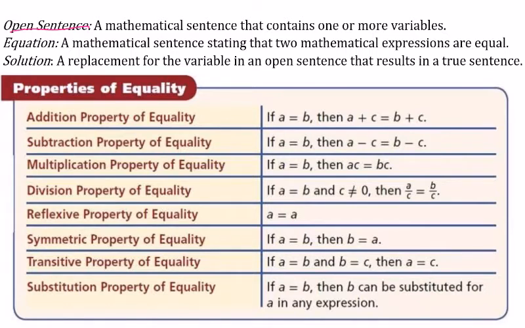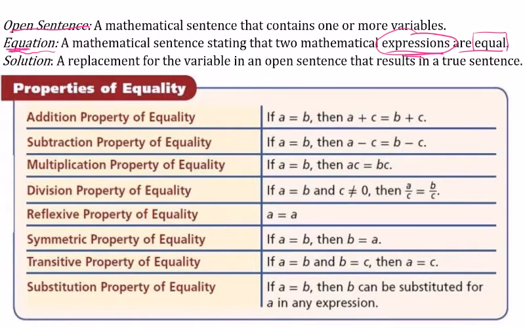So an equation is a mathematical sentence stating that two mathematical expressions are equal, right? So remember we talked about an equation has an equal sign in it, right? You can see the word equal is almost part of the word equation, just missing the L there. And so an equation is where you have two expressions equal to one another, all right?